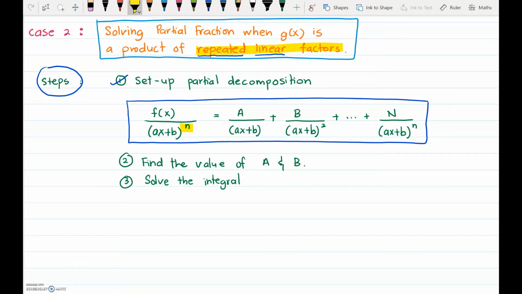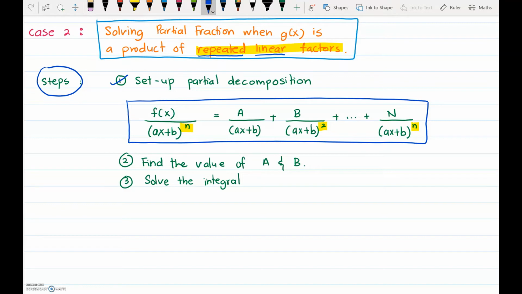Then your partial decomposition will be A over (ax plus b), plus B over (ax plus b) squared, and so on, depending on how many repeated factors you have, until plus N over (ax plus b) to the power of n. If you have power of 3, then it will be up to power of 3. If you have power of 4, then your partial decomposition will go up to the power of 4. So it depends on your question.